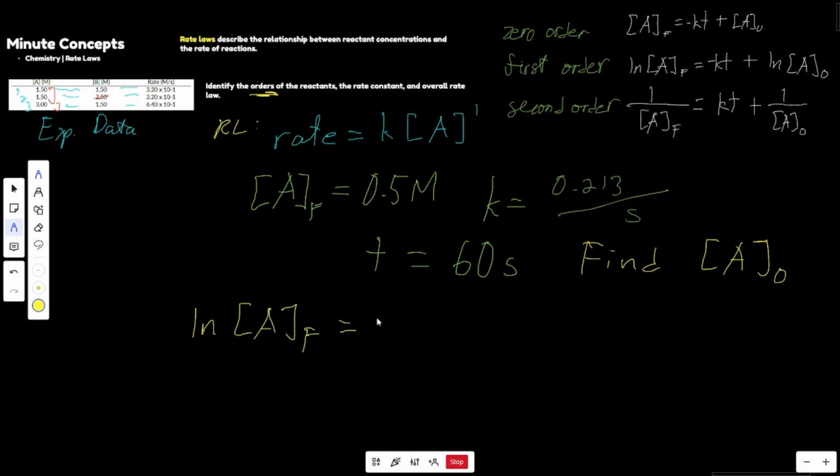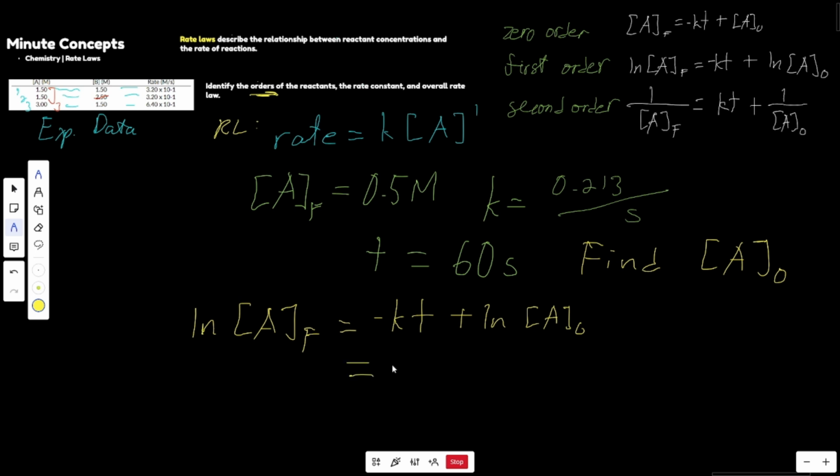Our integrated rate law is the natural log of the final concentration is equal to the negative rate constant times time plus the natural log of the initial concentration. How would we get the initial concentration from here?